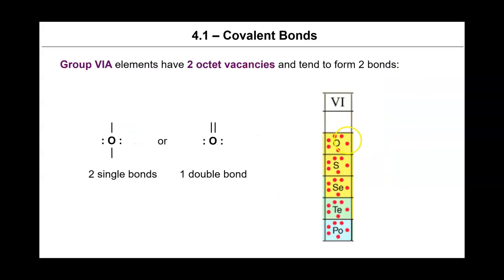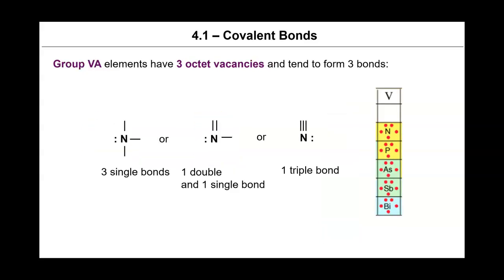However, if we go to group 6A, the elements that are in group 6A have 2 octet vacancies. So this means that typical bonding patterns we might see for these guys would be 2 single bonds, or 1 double bond. When we go to group 5A, we see that these guys have 3 octet vacancies.